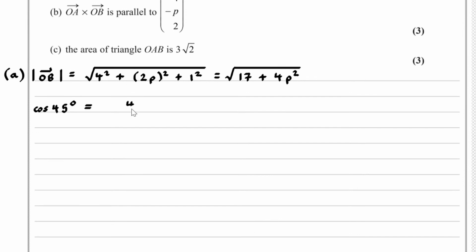So we have 4 divided by 17 plus 4p squared, square rooted.